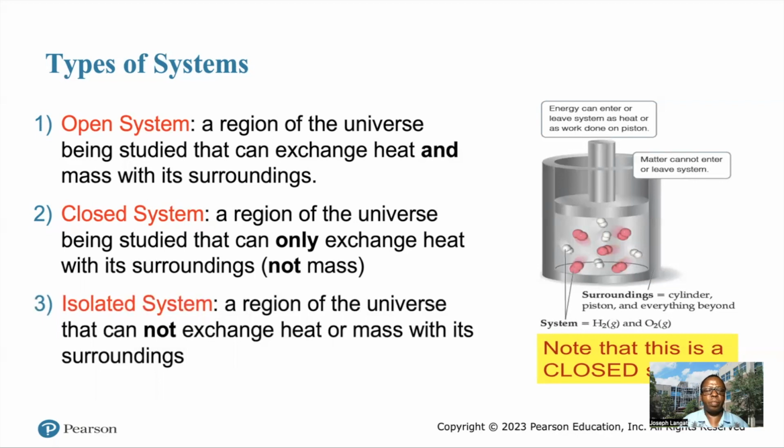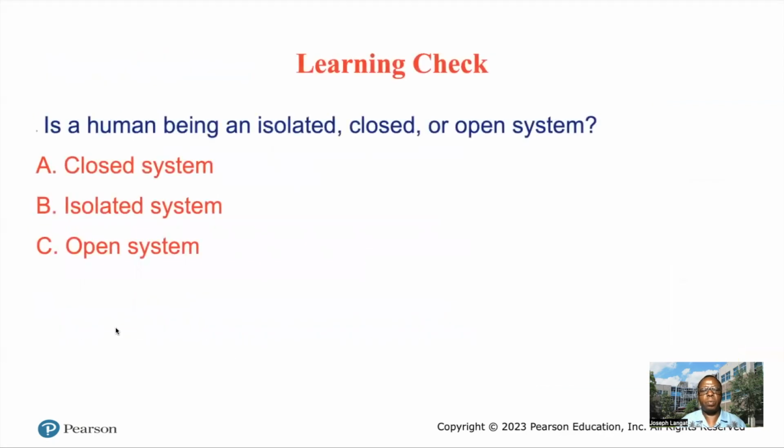So there are three types of system you need to understand, so that when you are given a specific system, you should be able to classify it as either open, closed, or isolated. Here is a good example on testing yourself if you have really mastered the three terms: closed, isolated, or open.